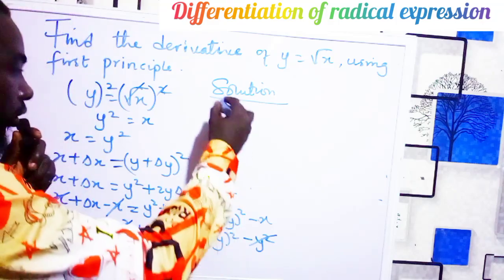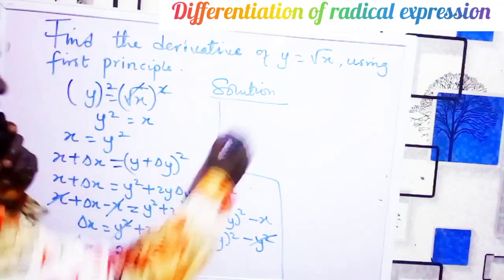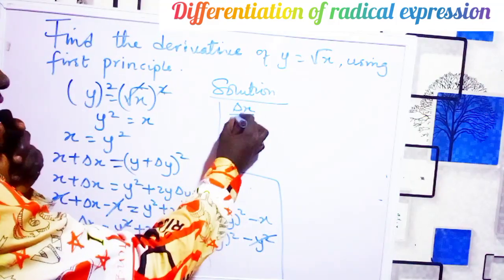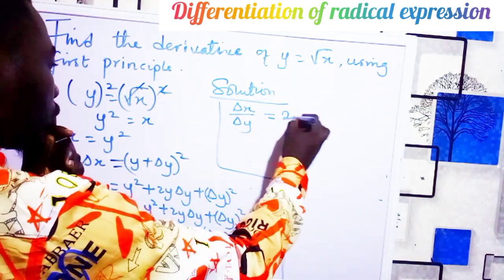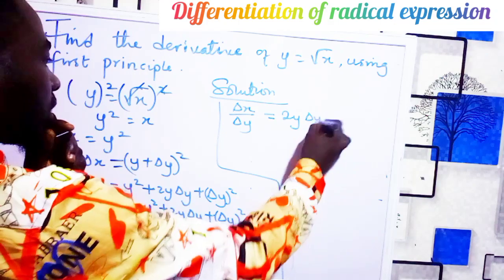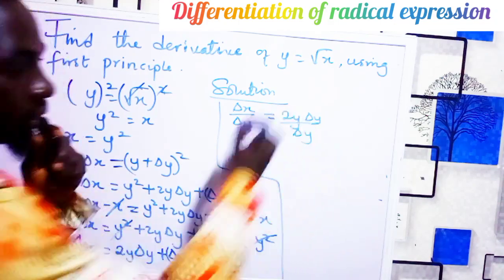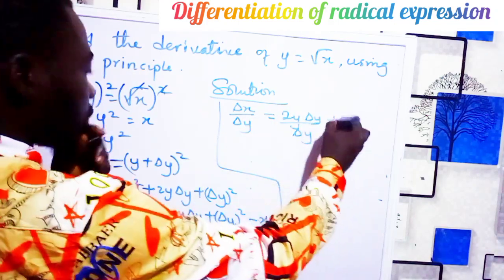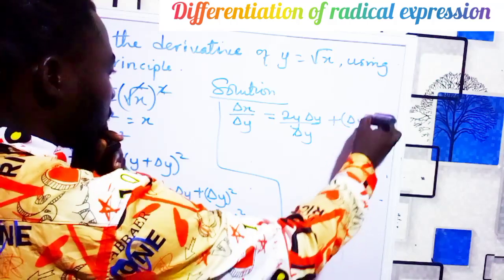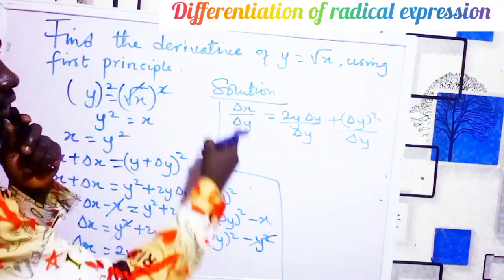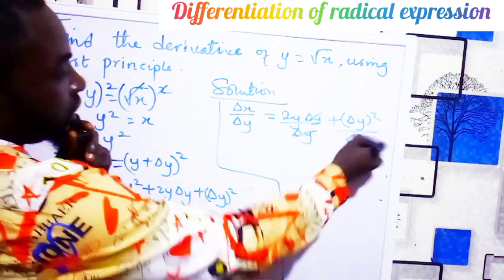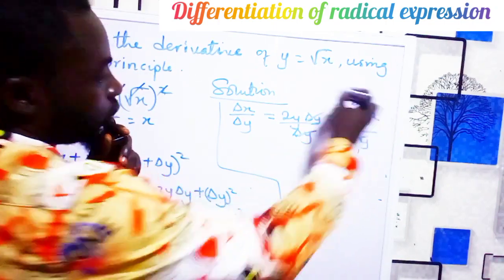So now what you are going to do from here is divide both sides by delta y, delta x over delta y equals 2y delta y over delta y plus delta y all squared divided by delta y. If you divide, this cancels this, here 1, this here 1 as well.